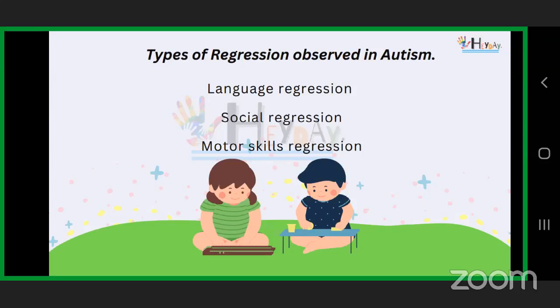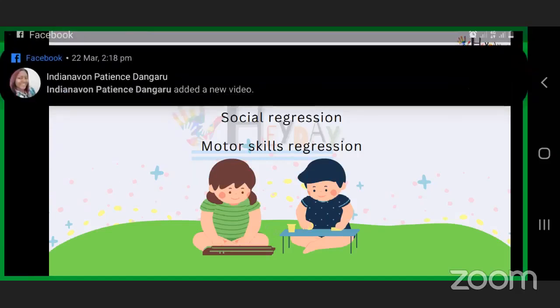And even though there are causes which I would share, that is why the topic for this live session is regression in autism and why it occurs. Yes, they suffer all types, all forms of regression.